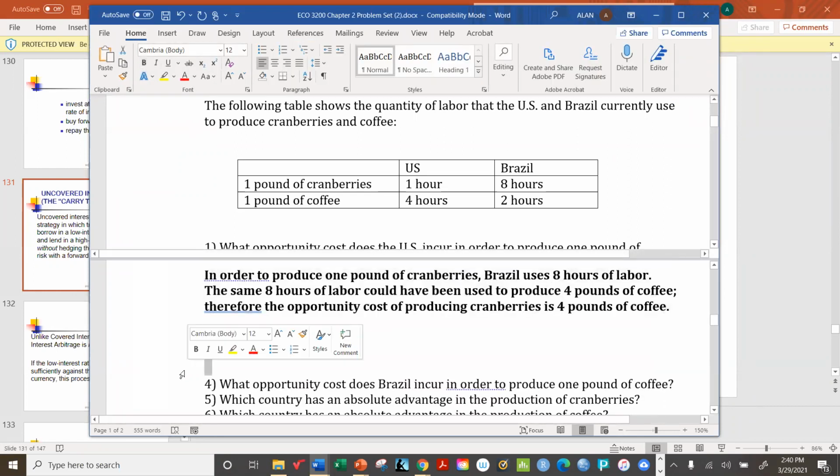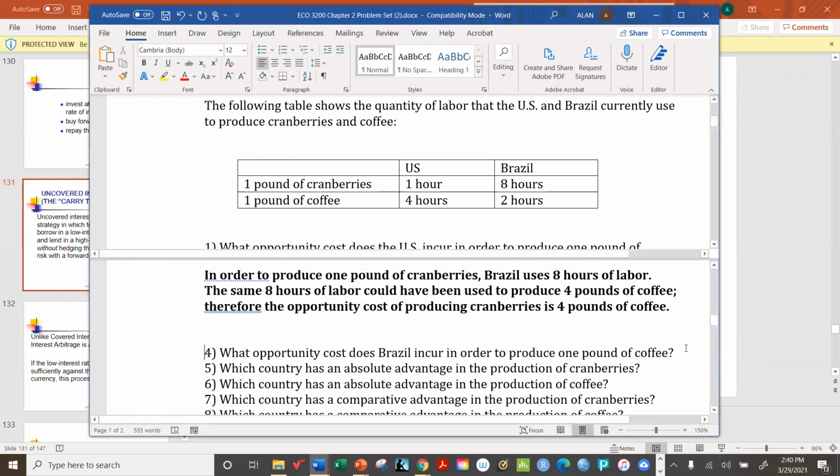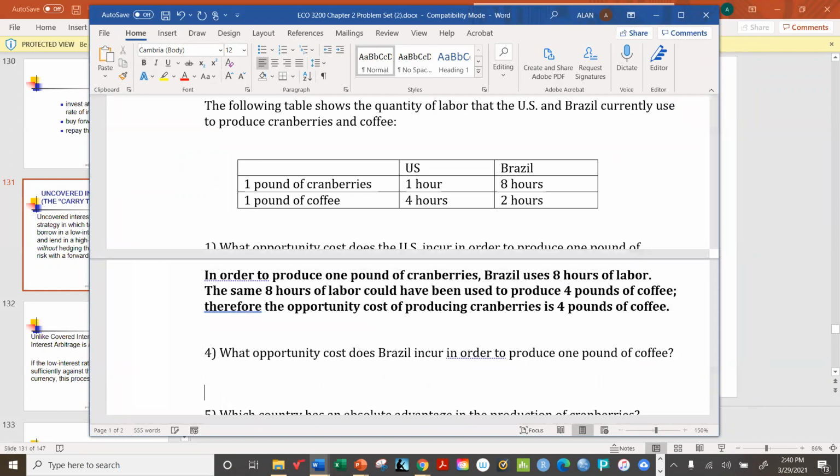Now, what's the opportunity cost that Brazil incurs in producing 1 pound of coffee? So in order to produce 1 pound of coffee, Brazil uses 2 hours of labor.